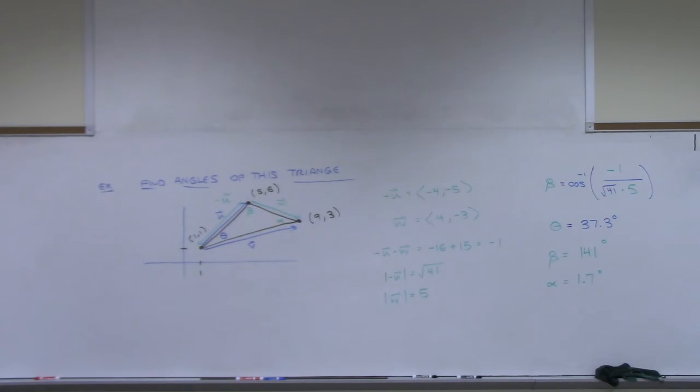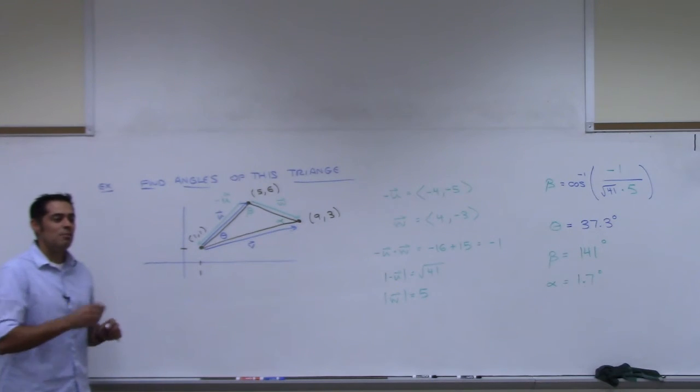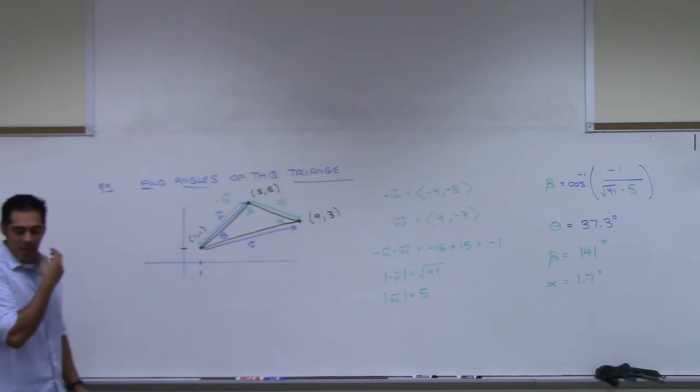Negative 1 over 5 times the square root of 41. 91.78. 91.8. All right. You're probably not putting your parentheses correctly.